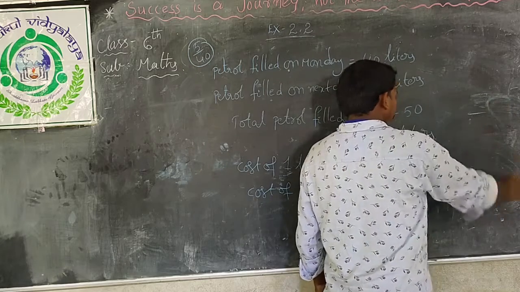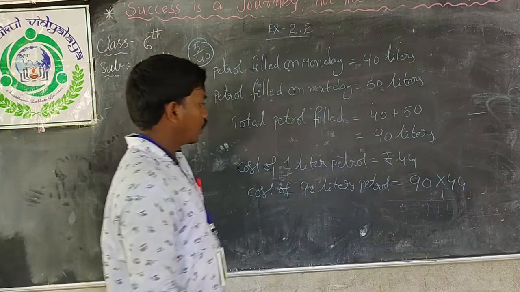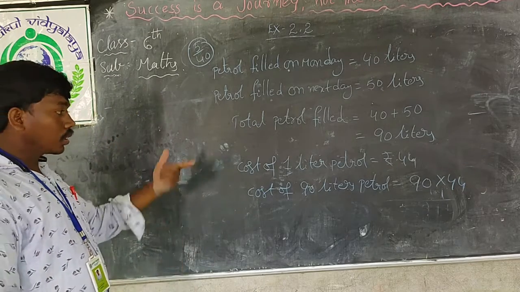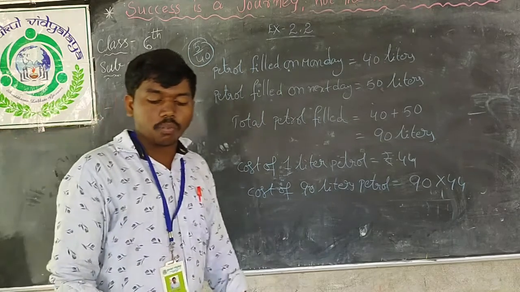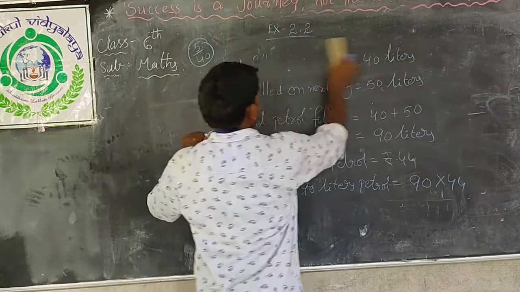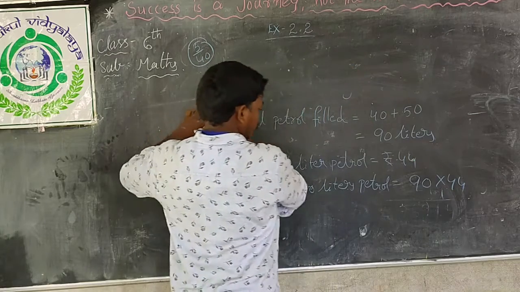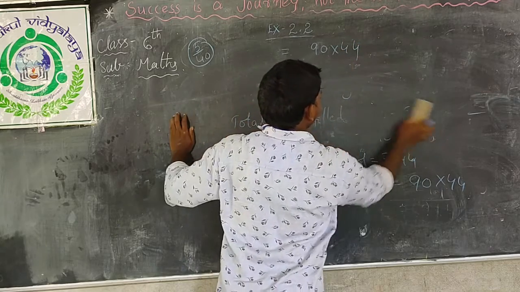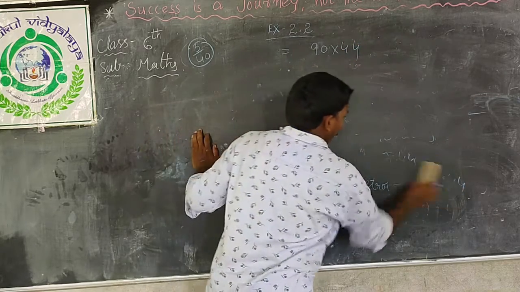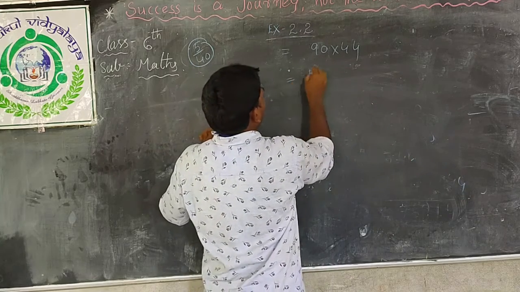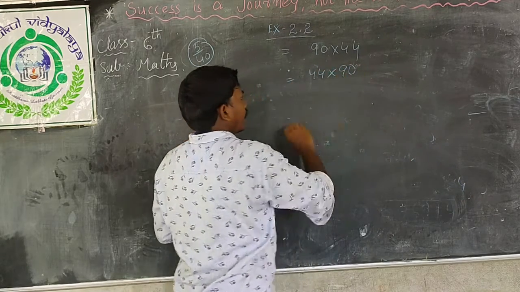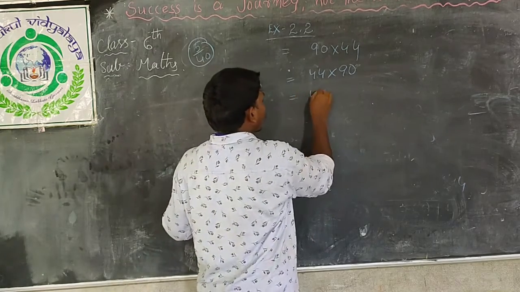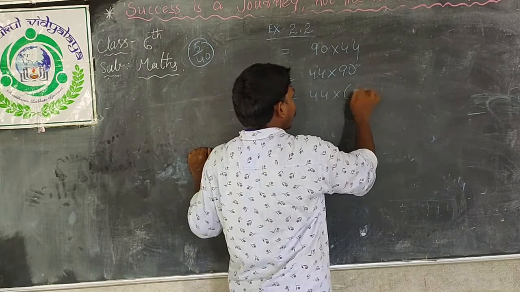So use the rearrangement. How can you find that? 90 into 44, 100 minus 10 is 90. By using that rule. Rules means property. See the children. 90 into 44 is same as 44 into 90, na. Why? See the children, 44 into (100 minus 10).